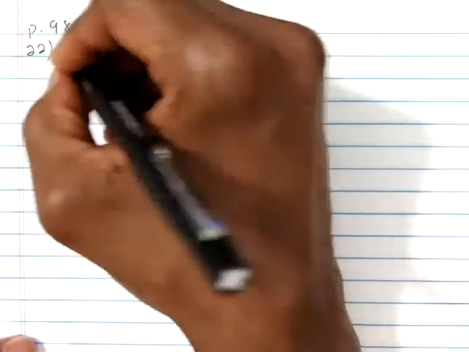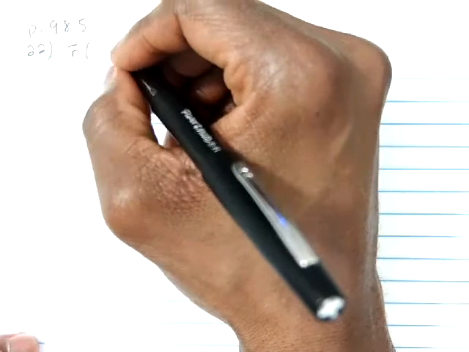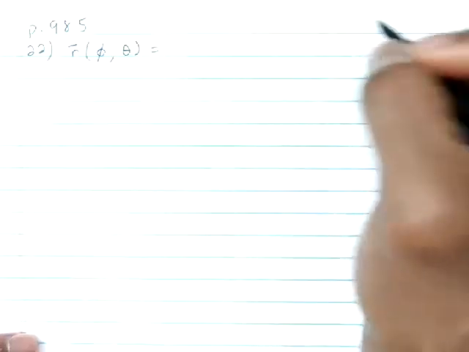Number 22 says, in exercises 22 through 24, find the area S of the surface sigma. They say sigma is the portion of the sphere r equals 2 sine phi cosine theta. Oh, so they're giving us our vector function. So this is r of theta comma phi, since our parameters here are theta and phi, equals a vector.